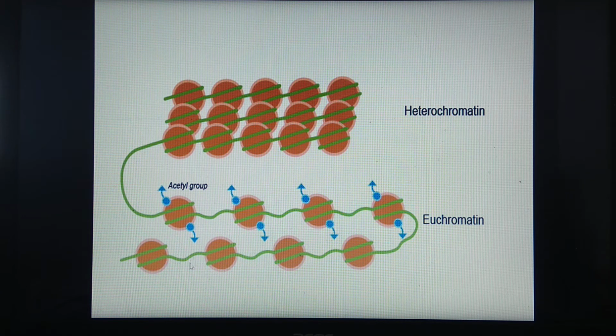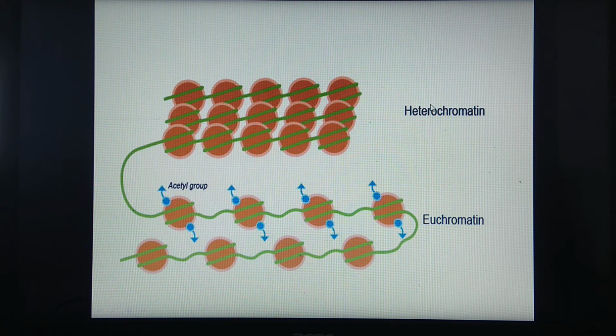These histone octamers are wrapped by the DNA strand. The DNA strand which joins two histone octamers is called linker DNA. So what is visible in this diagram? These histone octamers stay apart from each other and are joined together by this linker DNA.